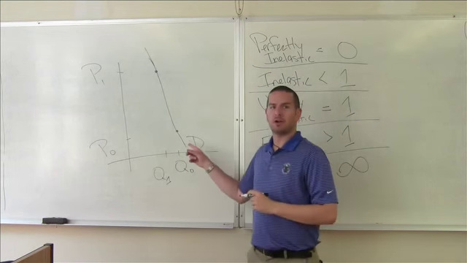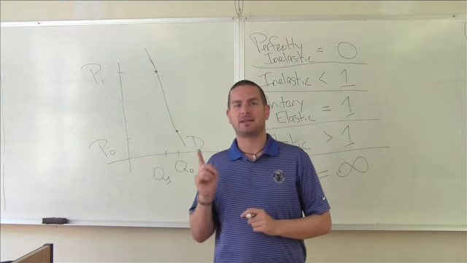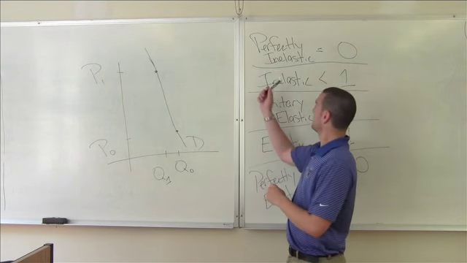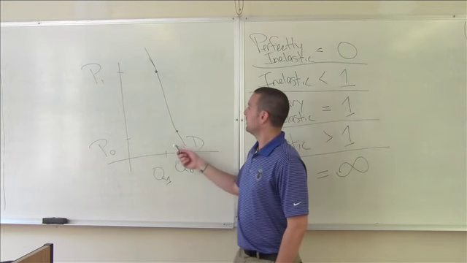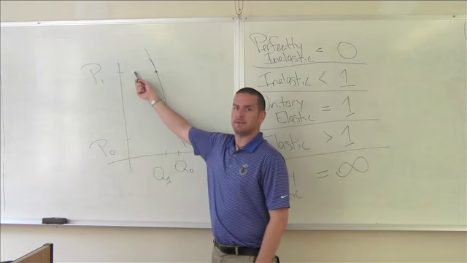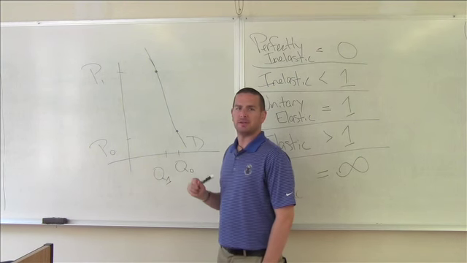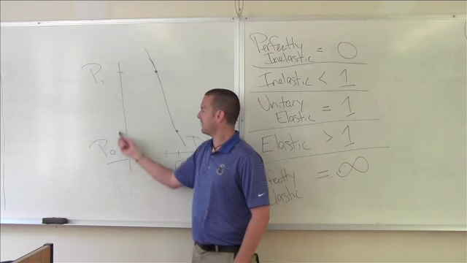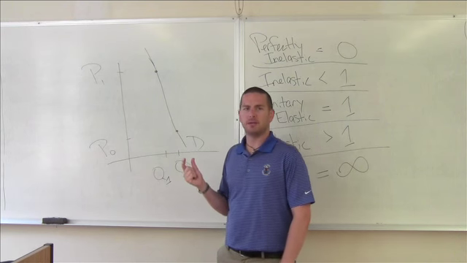That would be a demand curve. Specifically, that is an inelastic demand curve. By inelastic, we're saying that when the price goes up a lot, the quantity demanded goes down only a little bit. Or conversely, when the price goes down a lot, the quantity demanded only goes up a little bit.